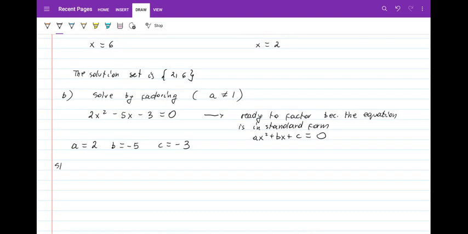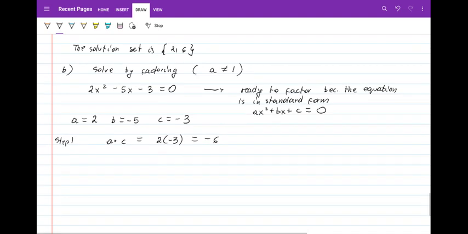So step 1, we find the product a times c. So we have 2 times negative 3, we're getting negative 6. Step 2, we're looking for two integers whose product is equal to a times c, which is negative 6.